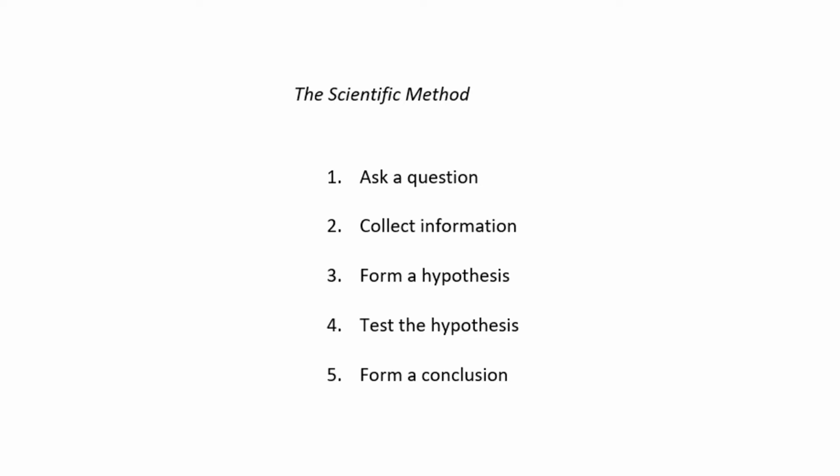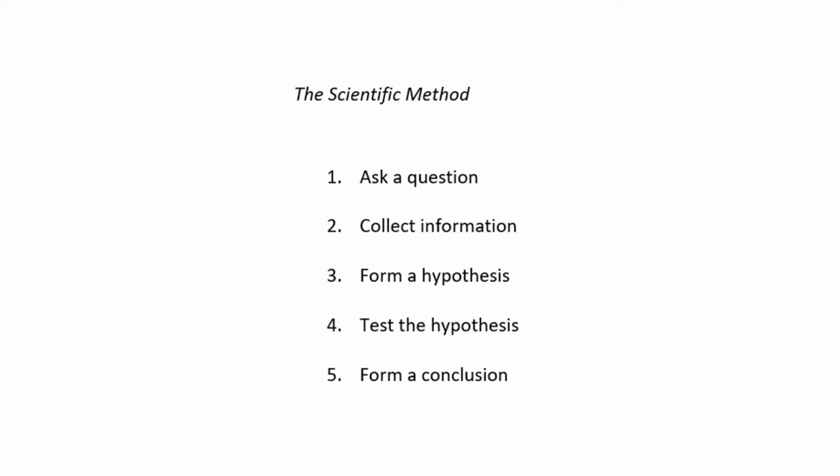So the scientific method. There are normally recognized 5 steps in the scientific method. Number 1, the scientist needs to ask a question. Number 2, the scientist needs to collect information. Number 3, the scientist needs to form, to make a hypothesis.